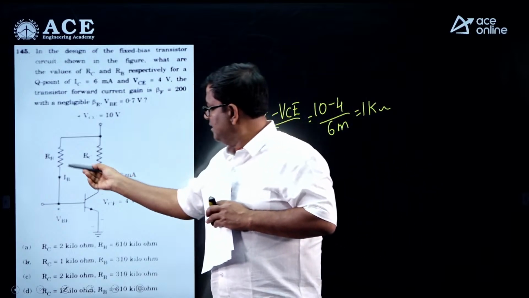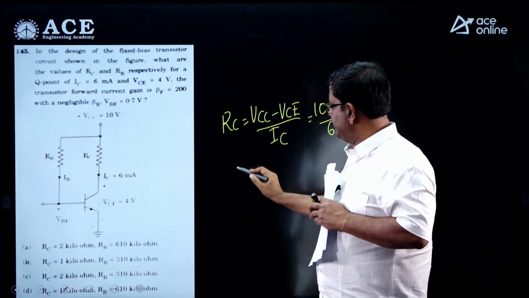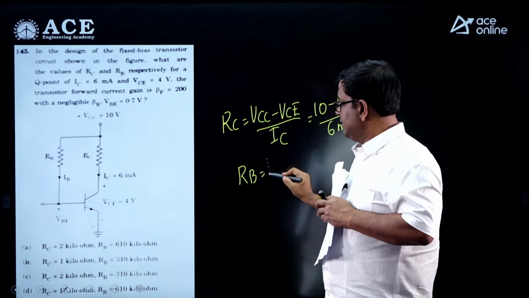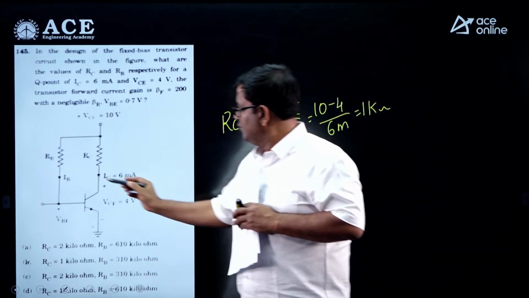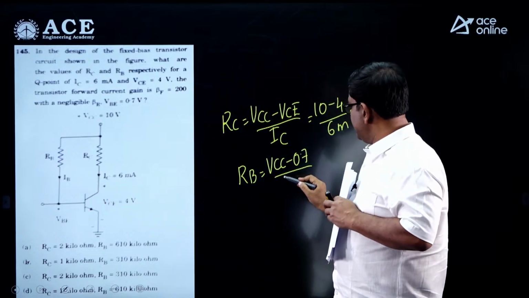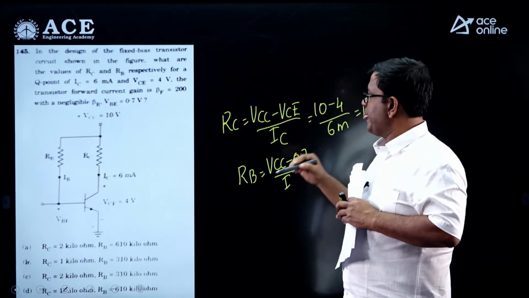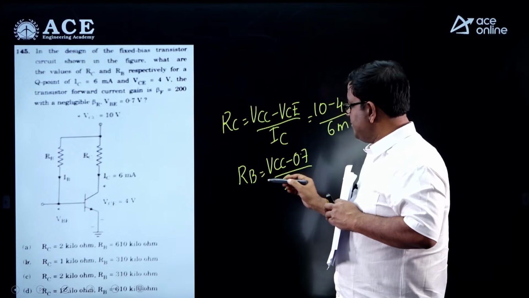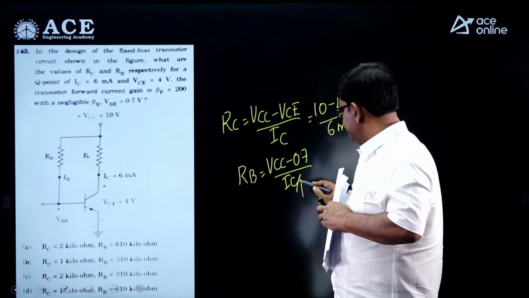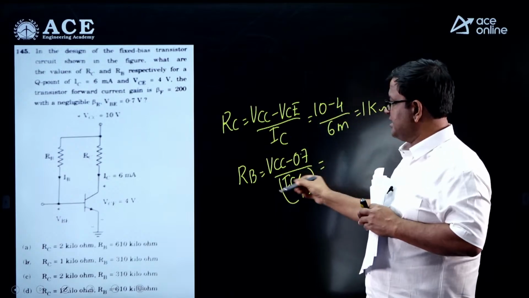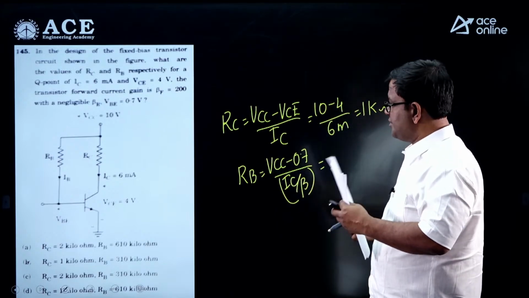So this is RC, and what is RB? RB is going to be VCC minus 0.7 (VB) by IB. Your IB can be written as IC by beta. So you can substitute and get the solution.